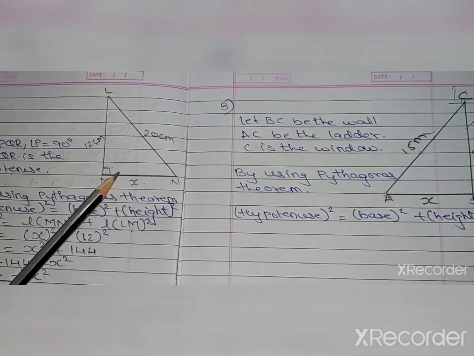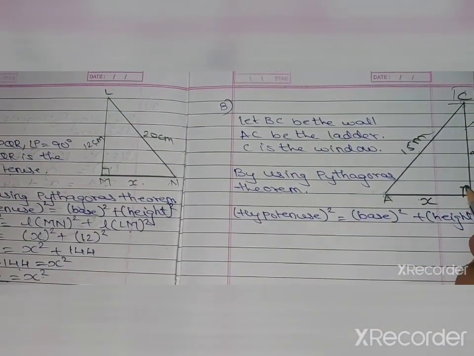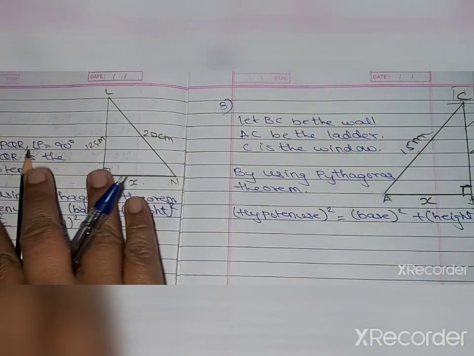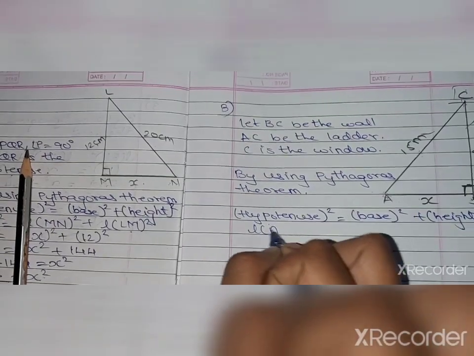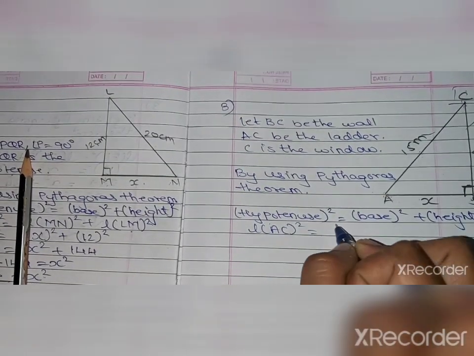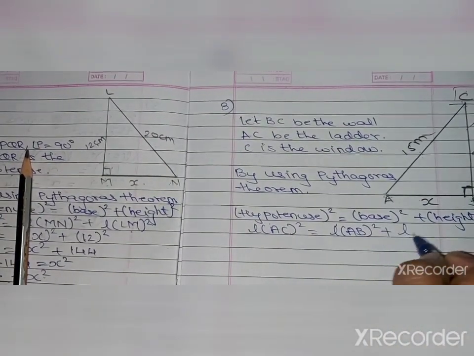Okay, now this is called the hypotenuse square. Hypotenuse, this will be B will be then 90 degree. Side opposite to 90 degree is known as hypotenuse side. So hypotenuse is how much? Length AC square. Length AC square equal to base length AB square plus height is how much? BC square.